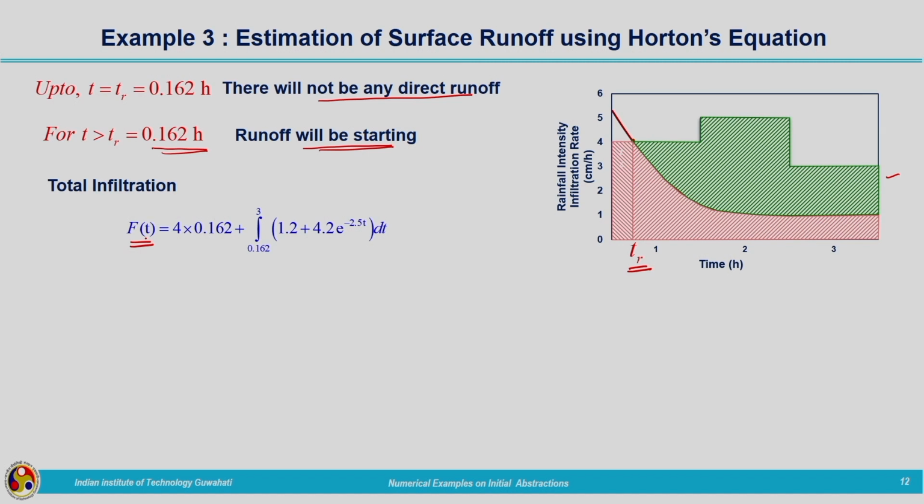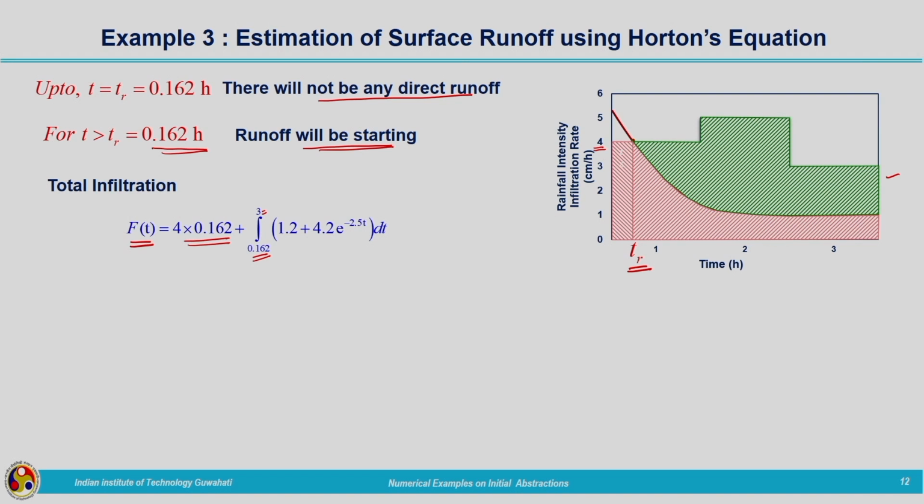We know that corresponding to TR, the rainfall intensity is 4 centimeters per hour. So, we can understand that this much area, that is 4 into 0.162, is completely lost as abstraction, and from time T equal to 0.162 to 3 hours, that is till the end of rainfall, cumulative infiltration can be calculated by integrating the infiltration rate.